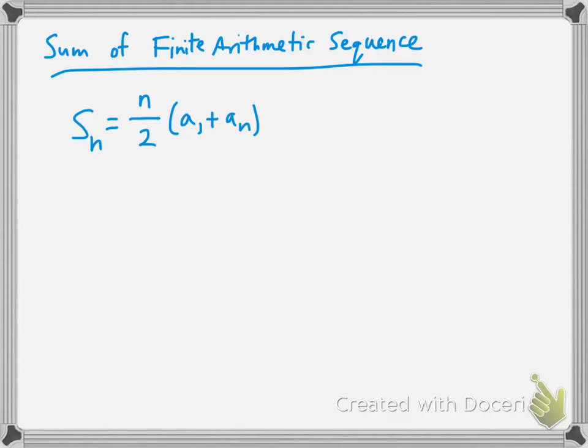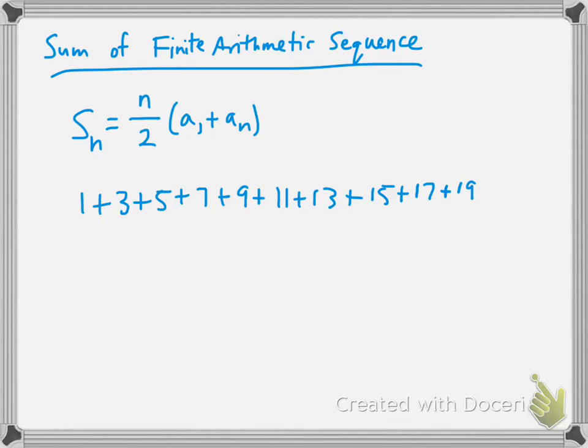So for example, let's say I want to find the sum of all the odd numbers from 1 to 19. That's kind of a lot to do. So what we do is the same thing, but backwards.